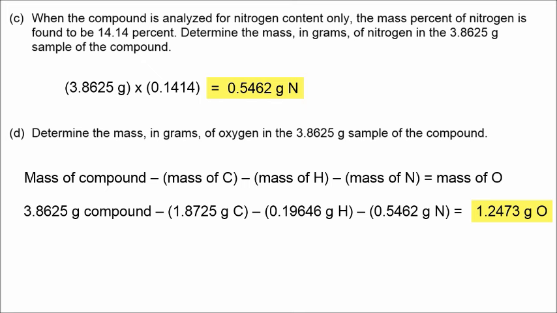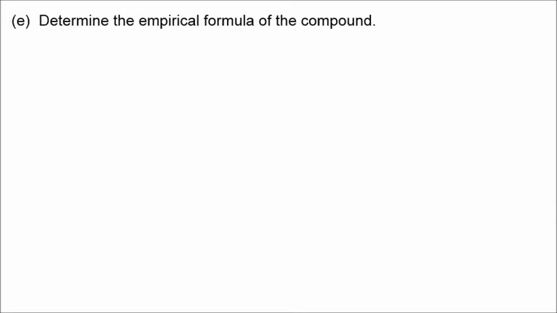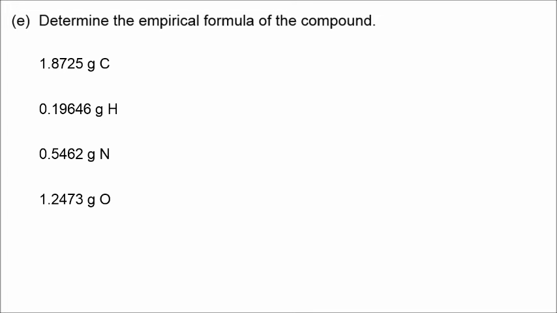And now that I know the mass of each of the 4 elements, I'm going to be able to determine the empirical formula. Here are the numbers in terms of their grams. I'm going to go ahead and divide each of these by their respective atomic masses. So divided by 12.01 for carbon.